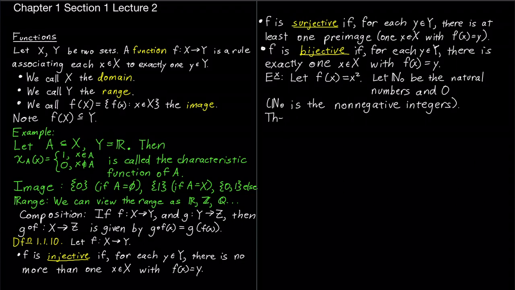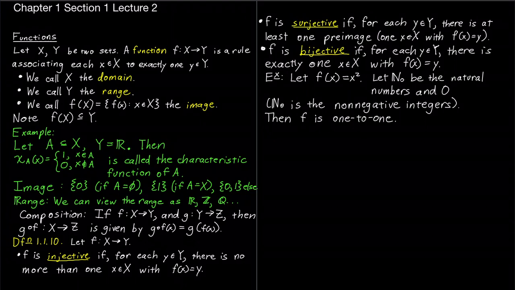And then f is 1 to 1 on N naught. So it's very important when you talk about a function, you have to take into account what you're thinking of the domain as. The function x squared, which you surely know from high school algebra, is not 1 to 1 on the real numbers. It's not even 1 to 1 on all the integers, but it is 1 to 1 on the non-negative integers.